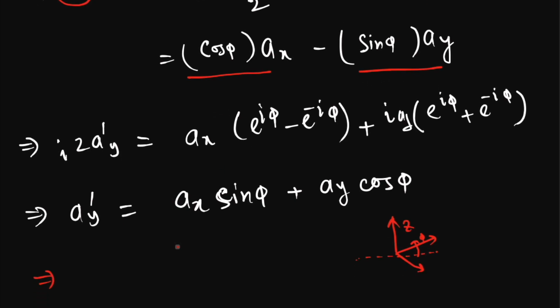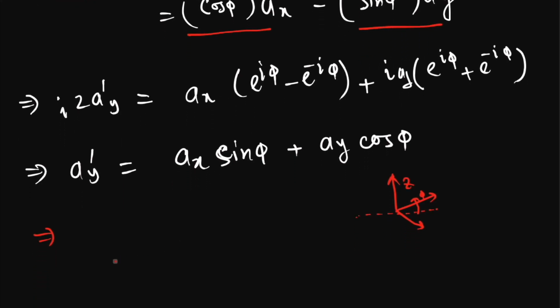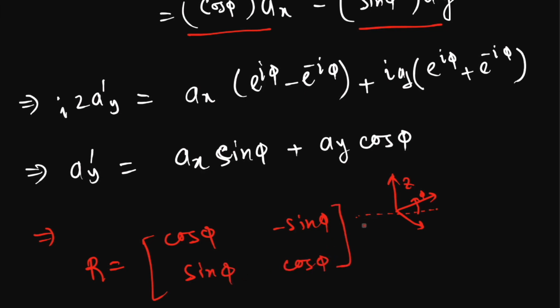That means we give a rotation matrix, cos phi minus sin phi, sin phi cos phi, to the previous vector ax ay.